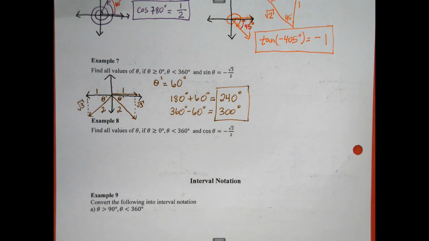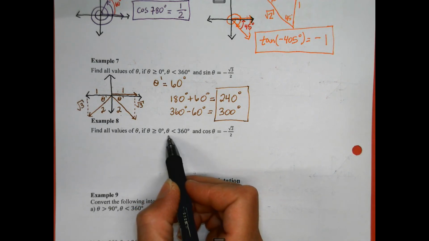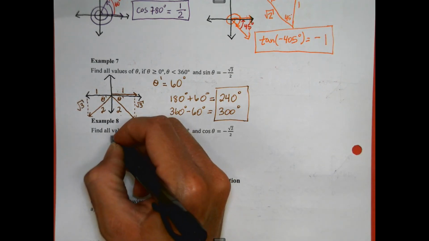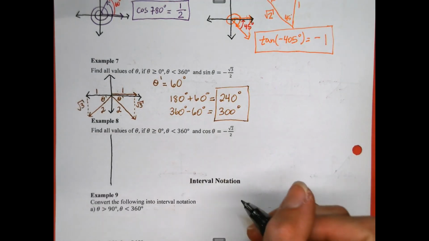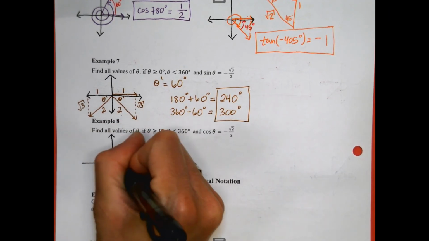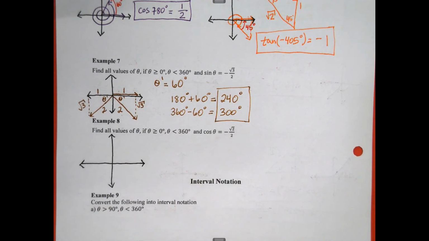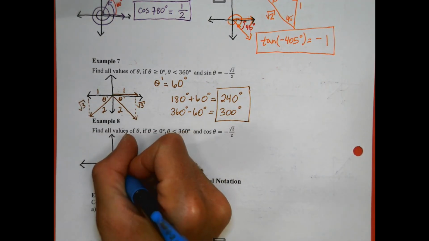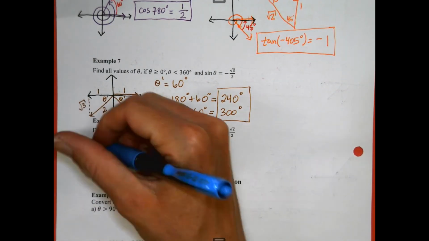Example number 8, it says to find all values of theta if theta is greater than or equal to 0, but less than 360. And our cosine of theta is going to be negative square root of 2 over 2. We have to think, where is cosine negative? Cosine happens to be negative in quadrant number 2 and quadrant number 3.